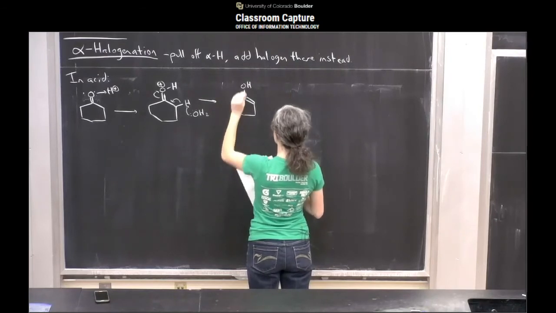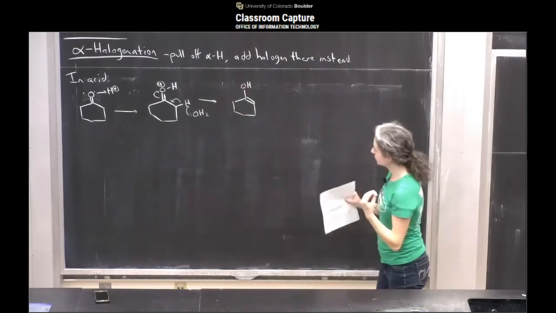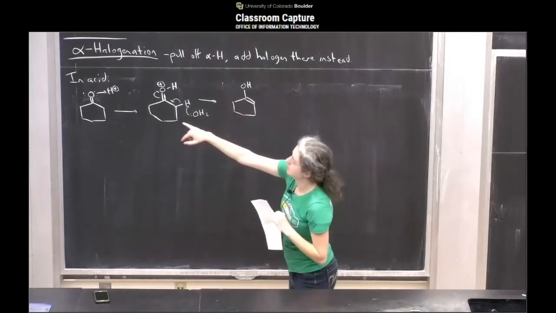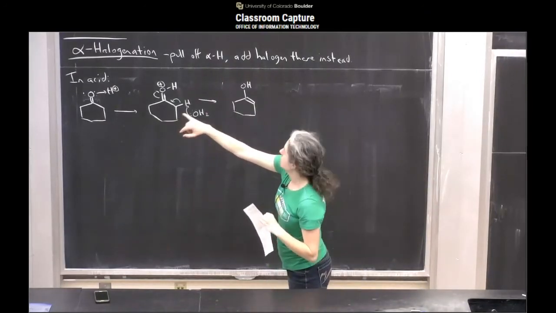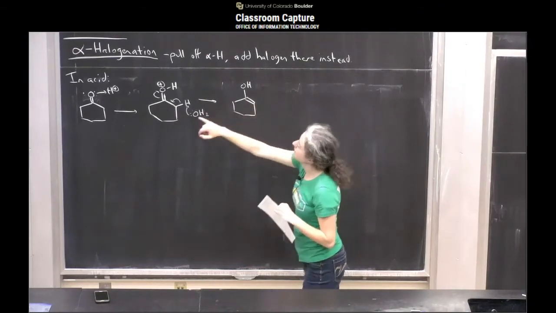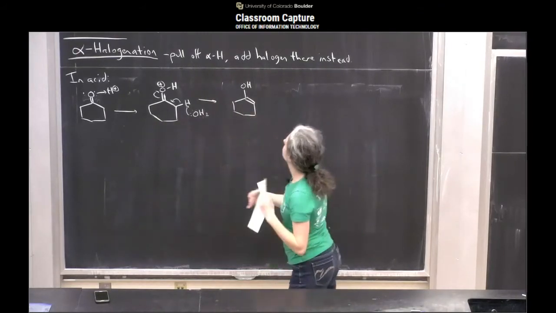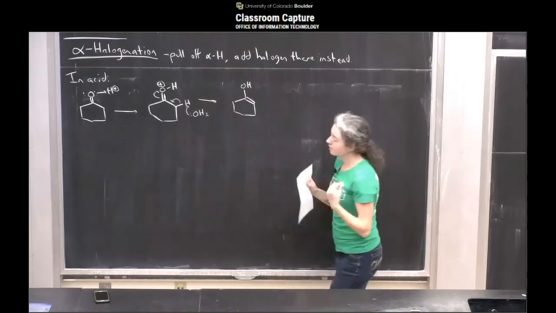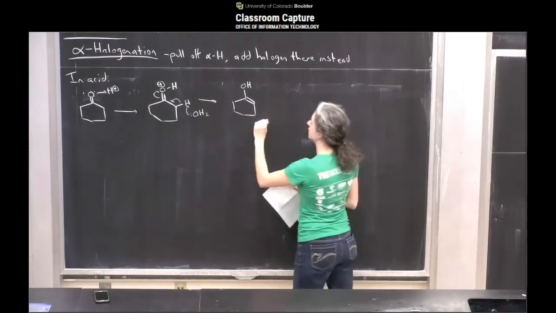Okay, so you've got the enolate. All right, so that's the same as up there. Now what we've got is, oh, sorry, not the enolate. This is the enol. So we've got the enol. Now we can go attack an electrophile.